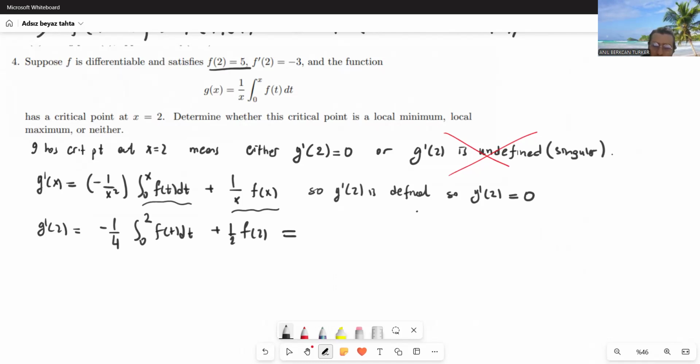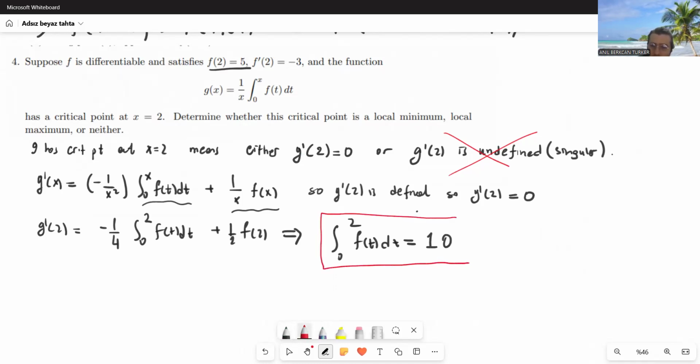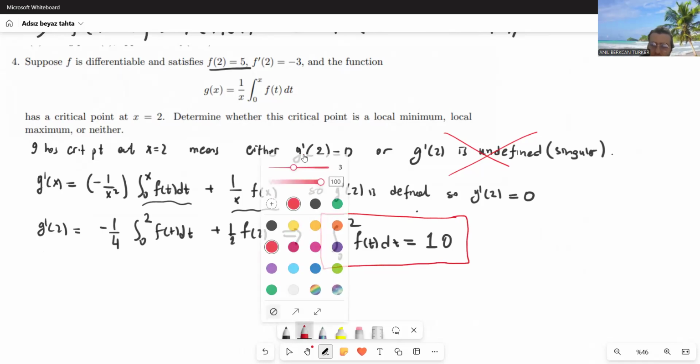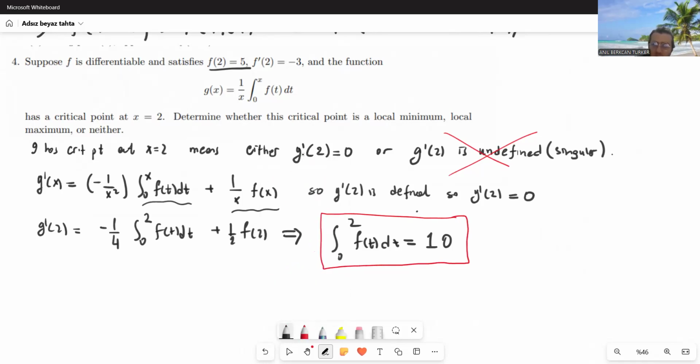So this implies the integral from 0 to 2 of f(t) dt is equal to 10. It must be 10. So it is my result. We don't actually care about this. I mean, it's not the solution, okay?